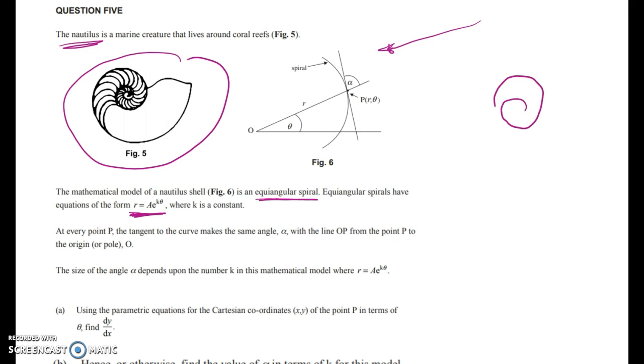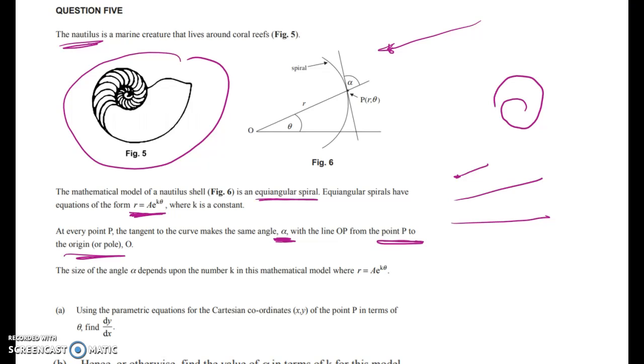We know that the radius, the length from the origin out to the spiral, is going to get longer. What we're interested in is that at every point P, the tangent to the curve makes the same angle alpha with the line from the point to the origin. Use the diagram, and we're told that the size of angle alpha depends on some number K.